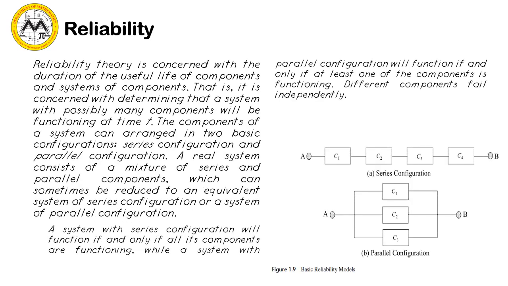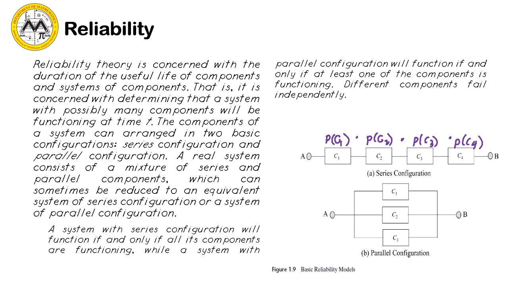For the reliability of events, if we have a series of events given by P of C1, P of C2, P of C3, P of C4, what we do is we multiply their probabilities.